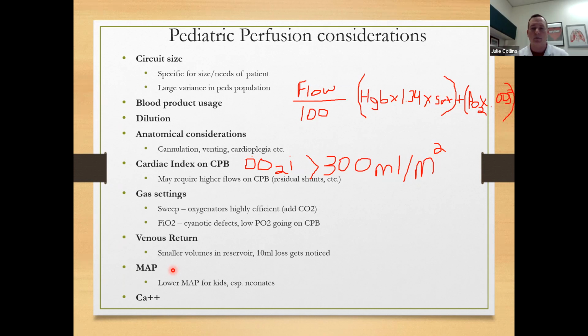And if their calciums are low, their hearts are not going to be optimized. They're not going to be squeezing as hard as they should be squeezing. And why are calciums kind of all over the place in kids when we do surgery?